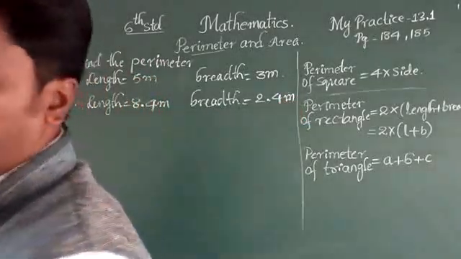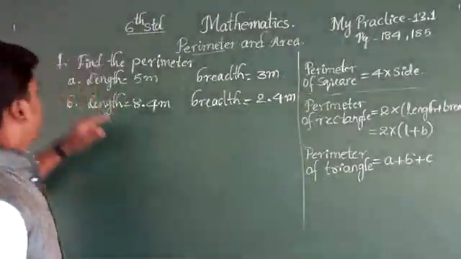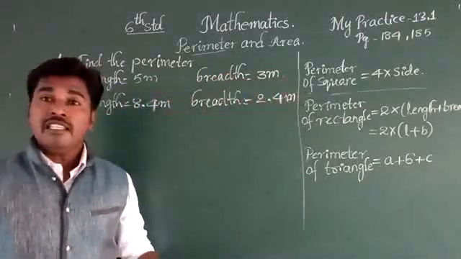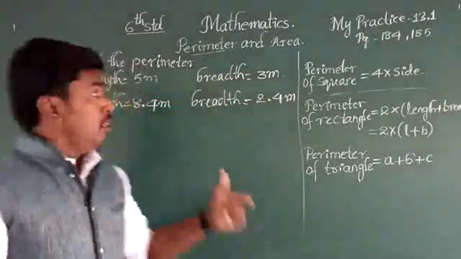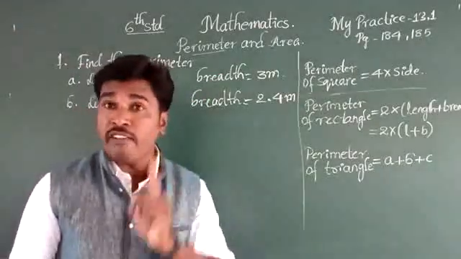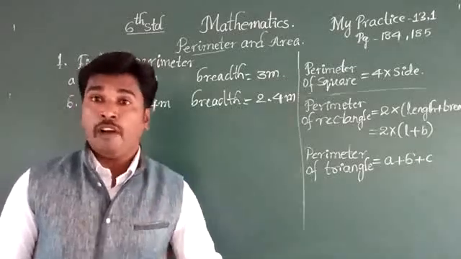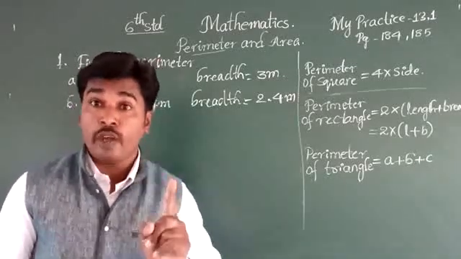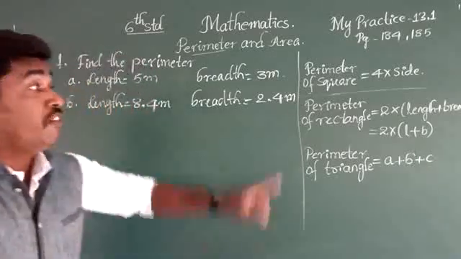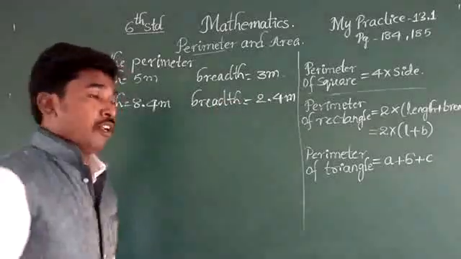Here there are two questions I have taken in the first one. Please observe carefully. Length 5 meter and breadth 3 meter. It is clearly a rectangle, because if they have given only one side, it is understood to be a square, where all the sides are equal. In square they will give the side, whereas if it is rectangle, the length and breadth they have given.